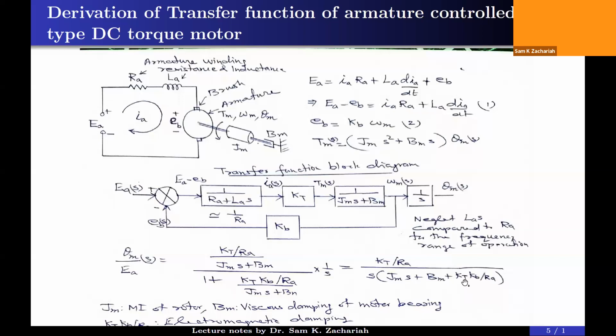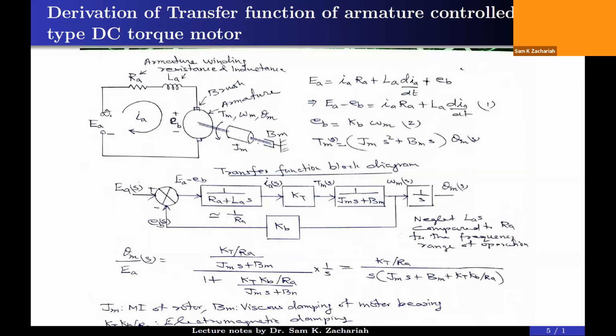For example, suppose you open circuit this and you are not connecting any EA. It's not driving, it's not connected. Here it is connected to a voltage source. You know that the internal impedance of a voltage source is 0, so effectively it is a short circuit plus a voltage in series.